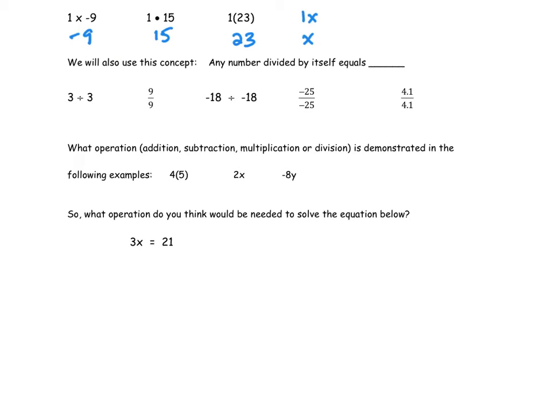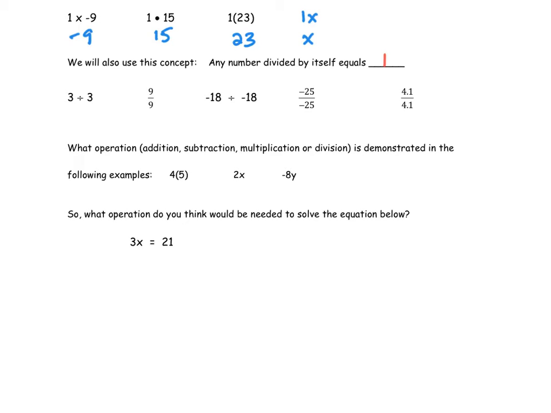The next concept is something that you might be familiar with, you might know the answer to. We will also use this concept. Any number divided by itself equals, well, what would you say if I took 3 divided by 3? Or 9 divided by 9? Hopefully you'd tell me that this is a 1. And it is. So any number divided by itself is 1.